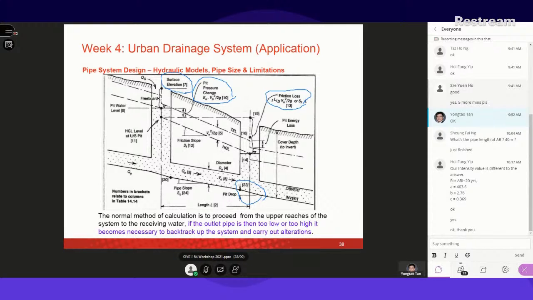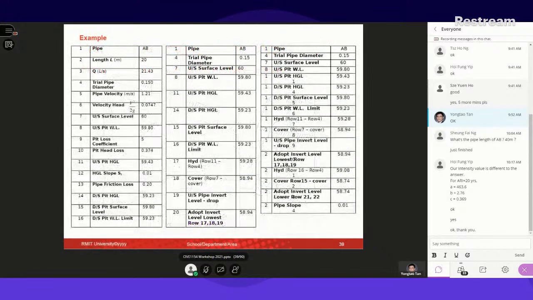And I think assignment one is about how to design the pipe systems, and you need to use the spreadsheet to calculate.